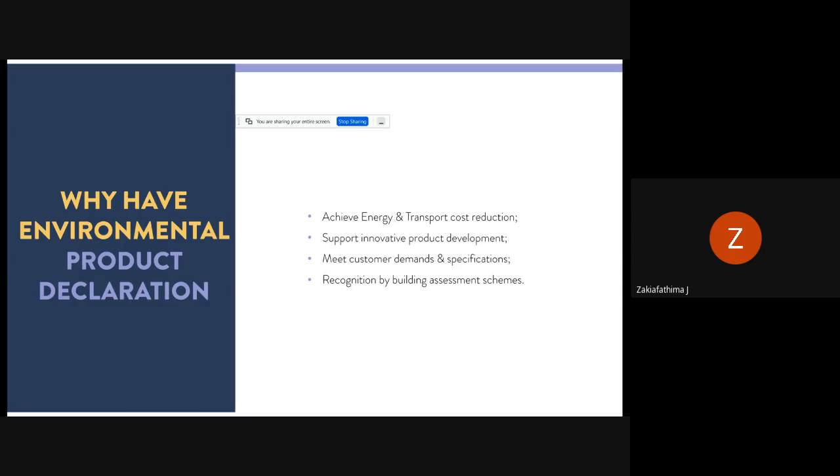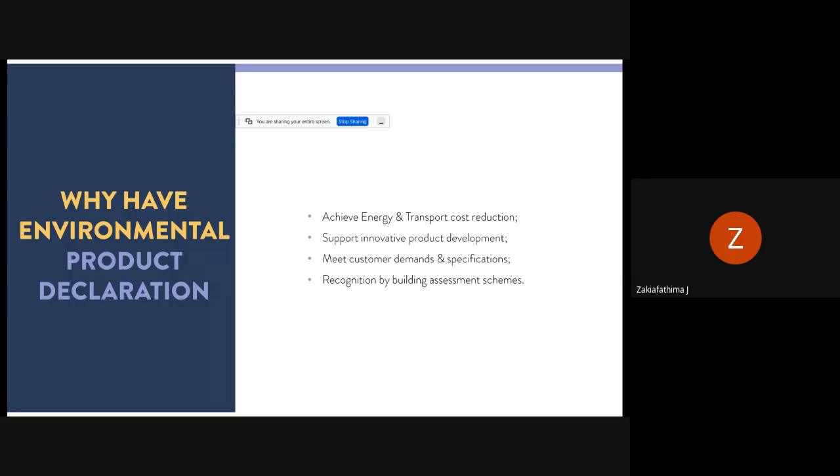And why do you need an environmental product declaration? Because through it, you can reduce the cost of energy and transport. It also supports innovative product development.